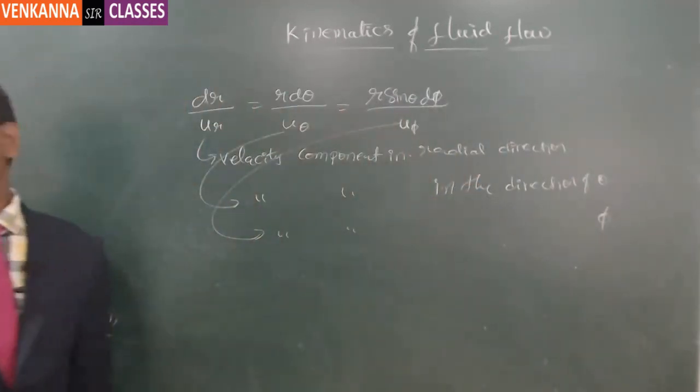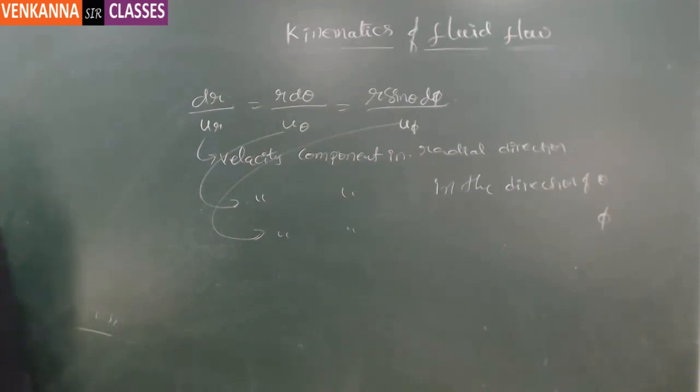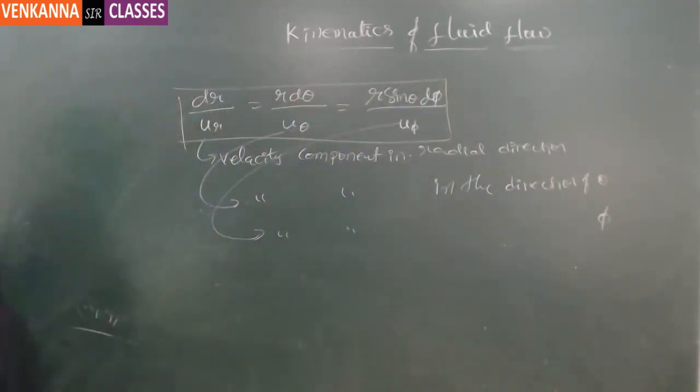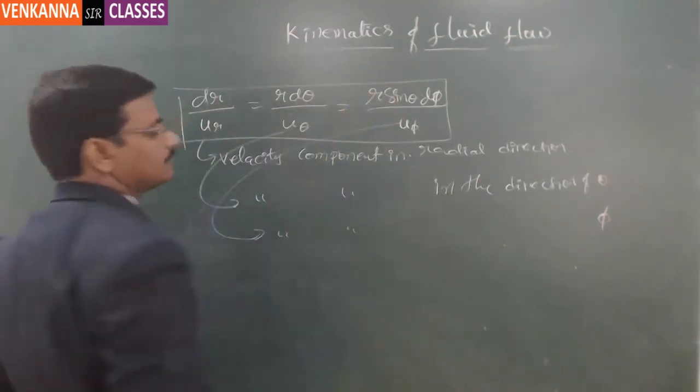So the procedure is the same to find the streamlines, irrespective of the coordinate system we select. But correspondingly, this equation needs to be adjusted. If you notice, all are length components.